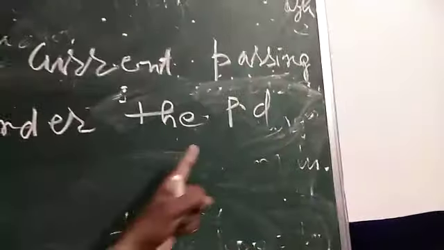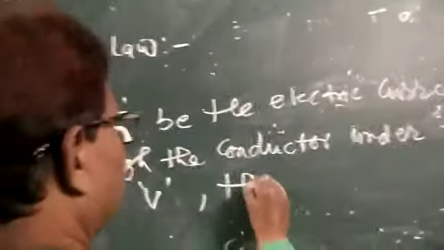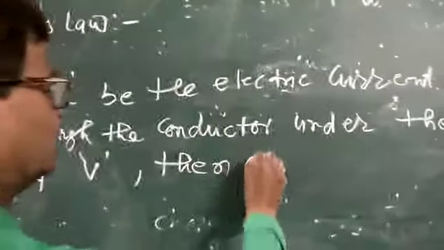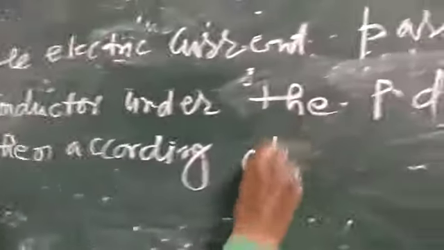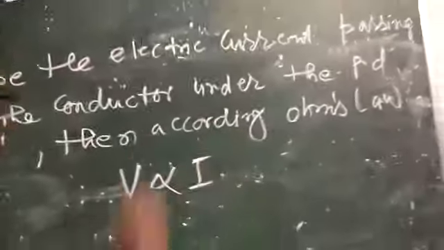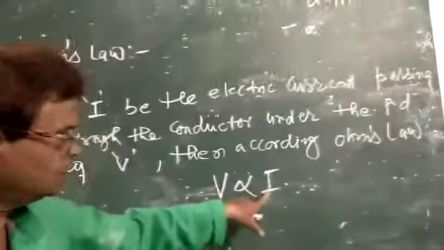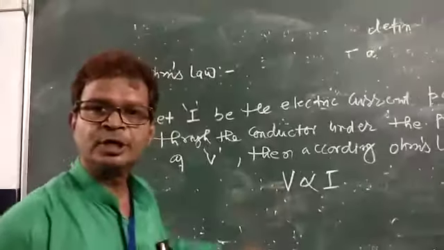PD means potential difference. Under the PD of V, according to Ohm's law, V varies as I. It means current is directly proportional to potential difference.